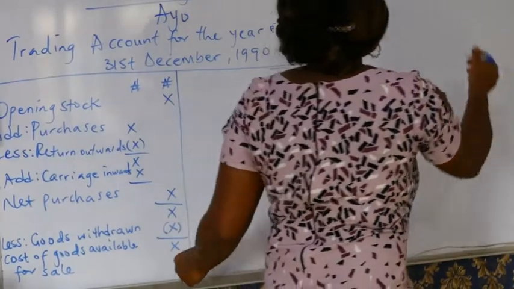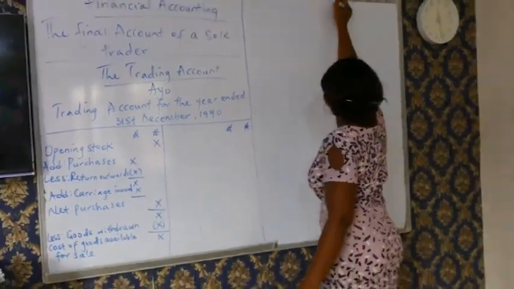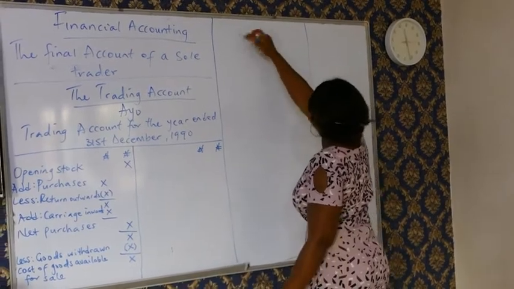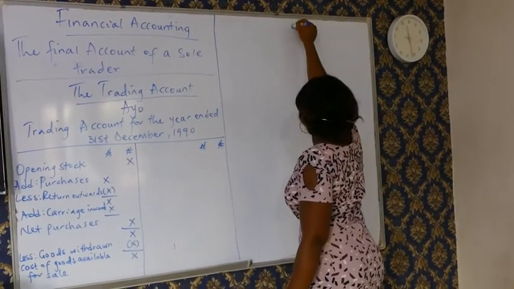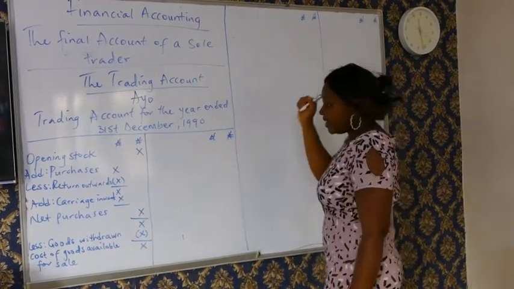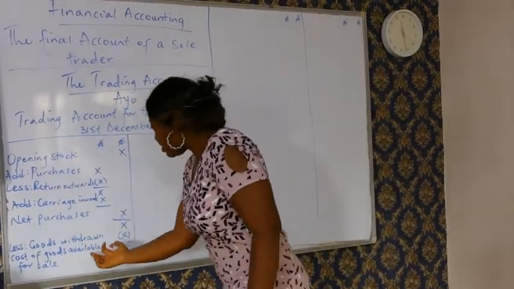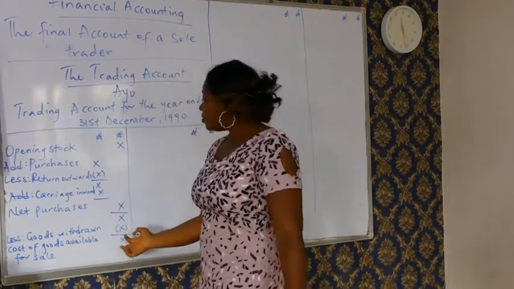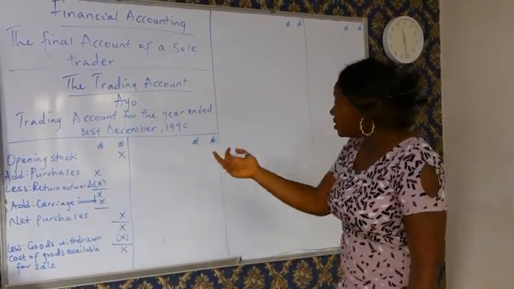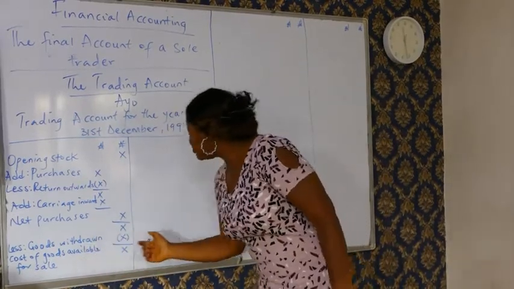We continue here because there's no space here. Now, because we have a cost of goods available for sale, we get the closing stock figure. We deduct closing stock from the cost of goods available for sale.